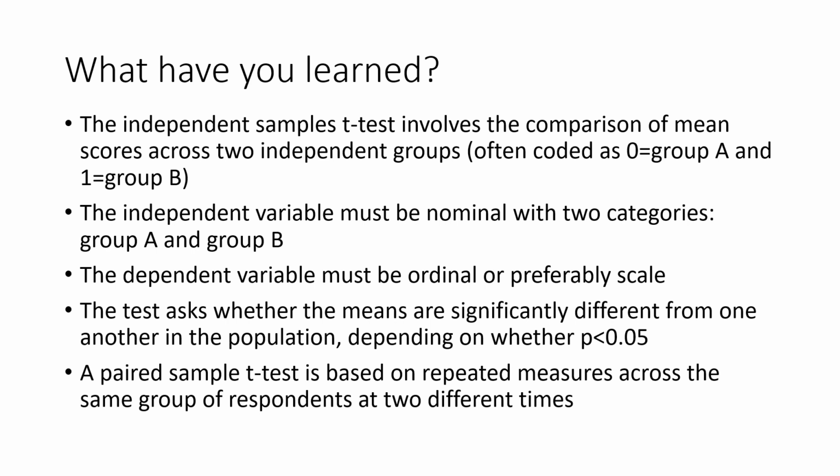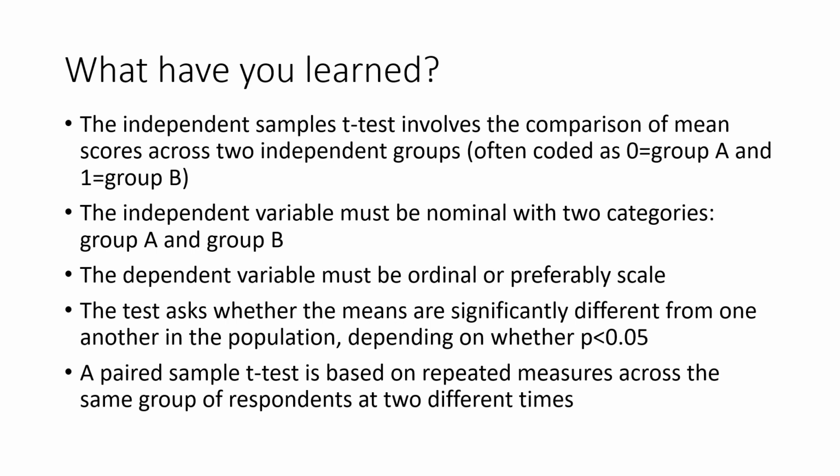The test itself asks whether the mean scores across the two groups are significantly different from one another in the population, and the question of whether or not they're different will depend on whether the p-value for that test is less than 0.05. If it is less than 0.05, then we conclude that the result is statistically significant and that we can generalize from the sample to a population.